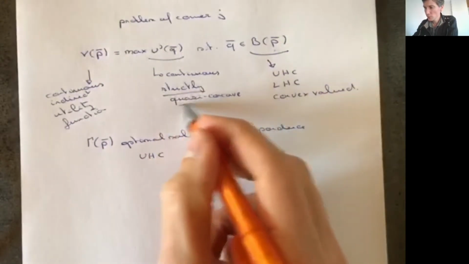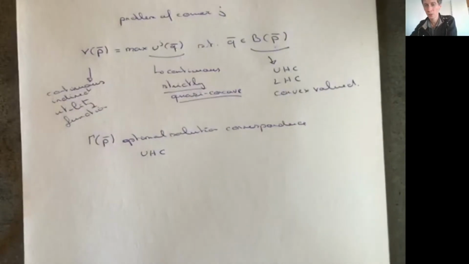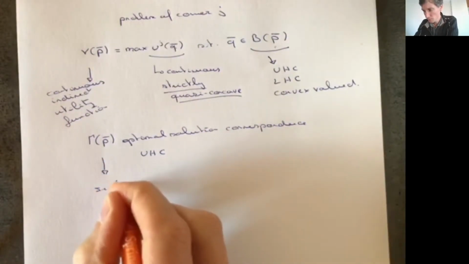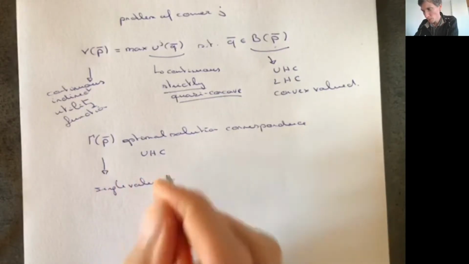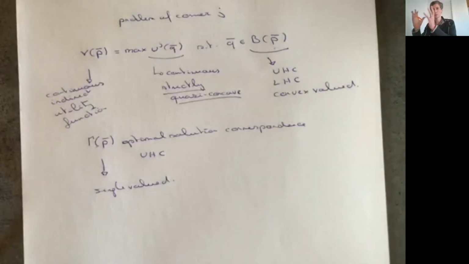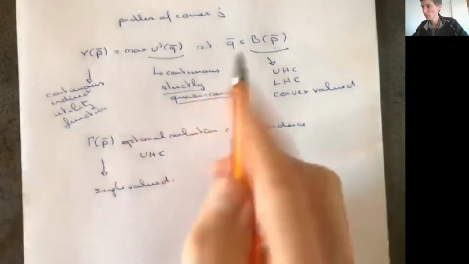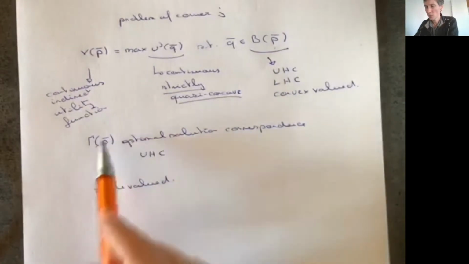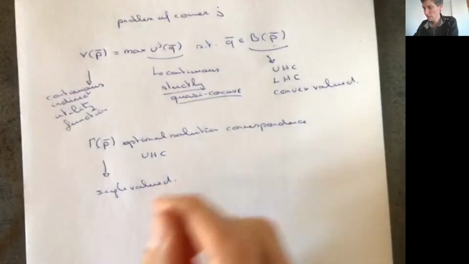Also because this is strictly quasi-concave, you have seen in the section on quasi-concavity that this is single-valued. So this correspondence only contains a single bundle, the optimal bundle at this particular price. So if we only select this single bundle, then we get a function. For every price, we get a different optimal bundle.